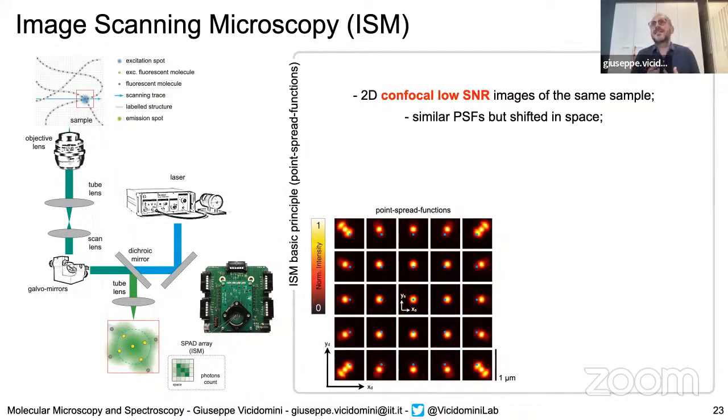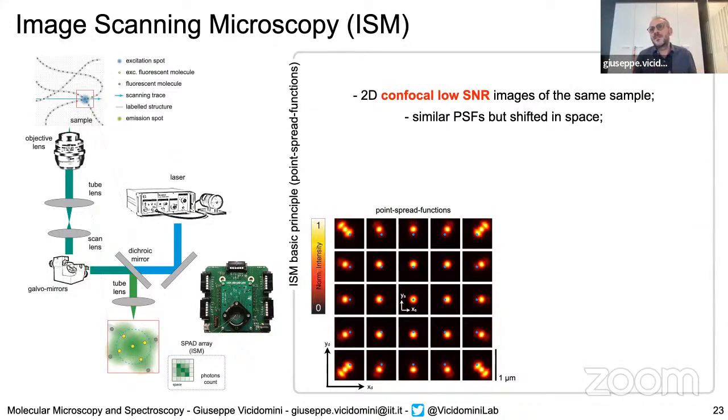To fuse these images, I need to understand how these images are made, and what the information content of these images is. First of all, these images are representing the same sample because we collect basically simultaneously. And another important aspect, easy to demonstrate, is that these images are pretty similar.